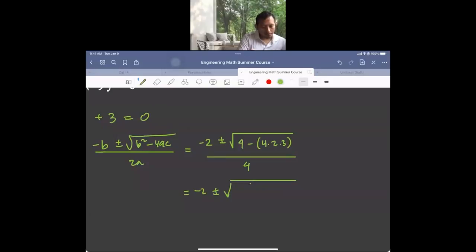So negative 2 plus minus square root of, this is 4 minus 24, negative 20. Negative 20 is 4 multiplied by minus 5.